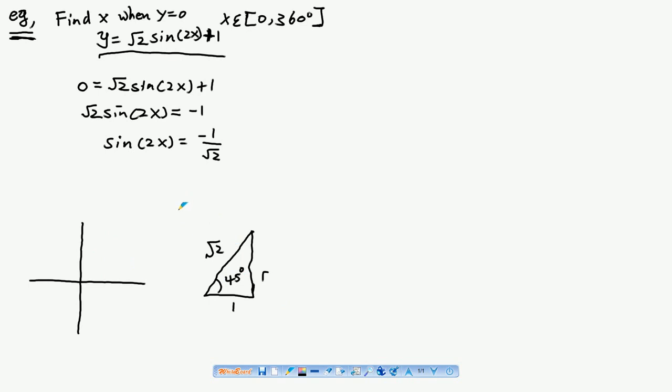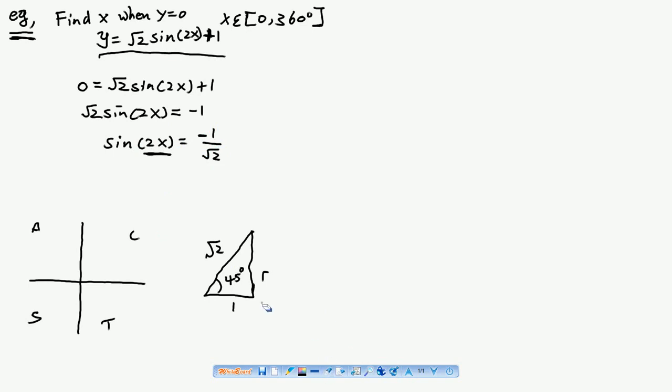The thing to solve when sine equals a number inside is the same as solving the normal question like this. So sine of 2x is minus 1 on square root of 2.